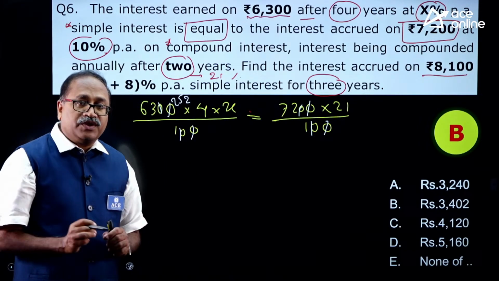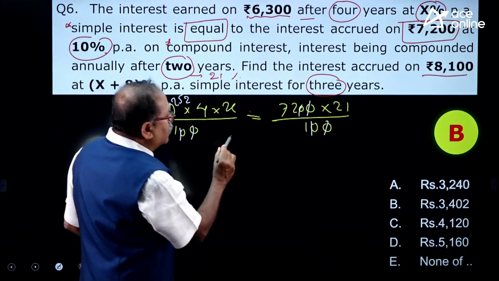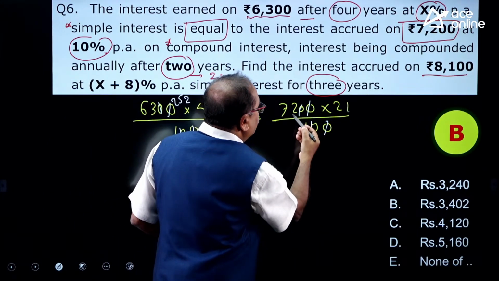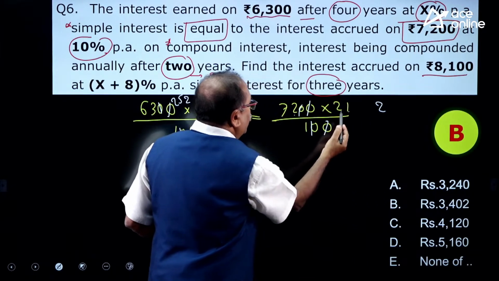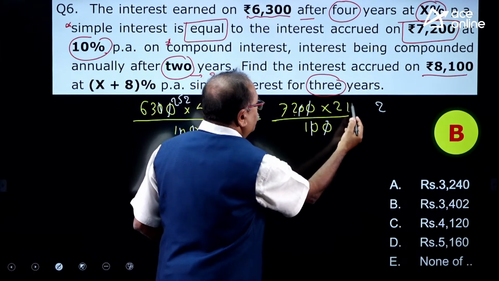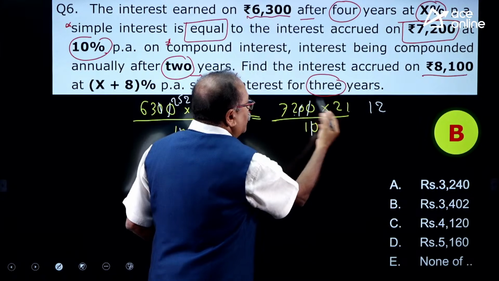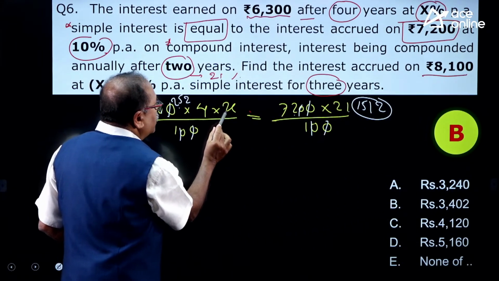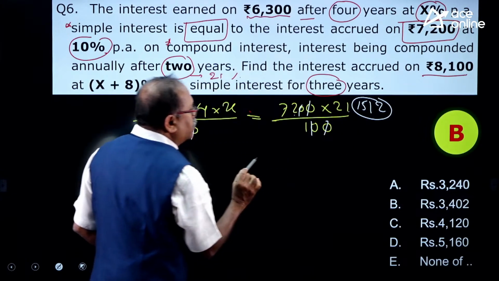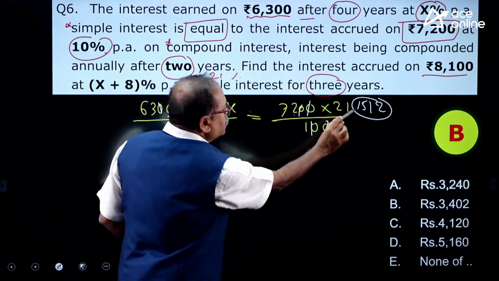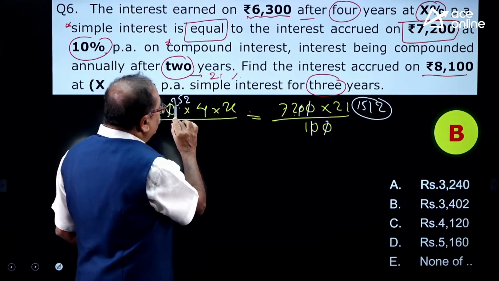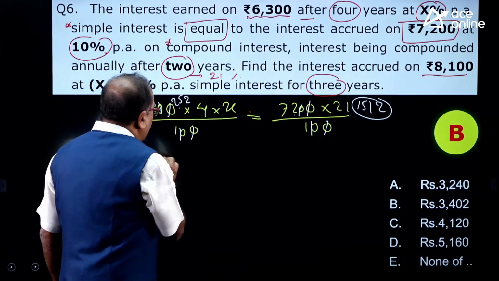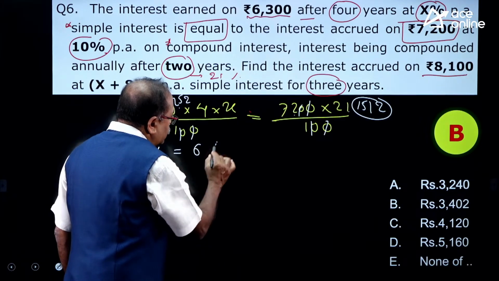So 252x is equal to the product of this number: 1 into 2 is 2, and then 2 into 4 plus 7 is 11 carry 1, and 14 and 1 is 15. So x is equal to 1512 divided by 252. 6 times 2 is 12 carry 1, and 6 into 25 is 150 plus 1, 151. So I am getting x is equal to 6, that is 6%.